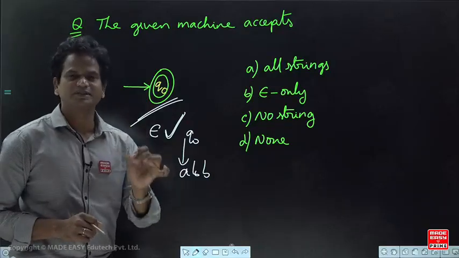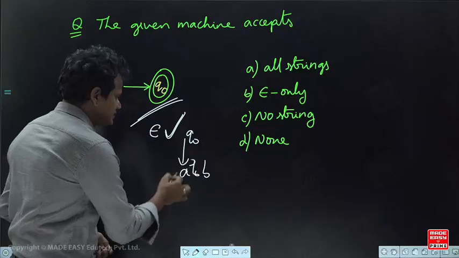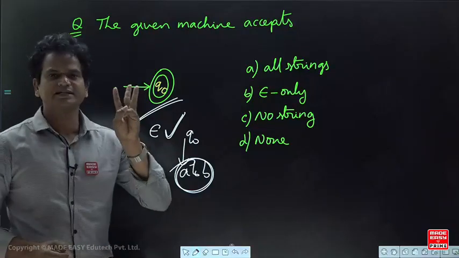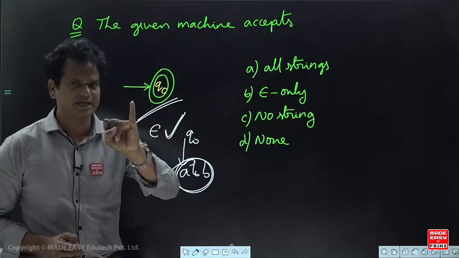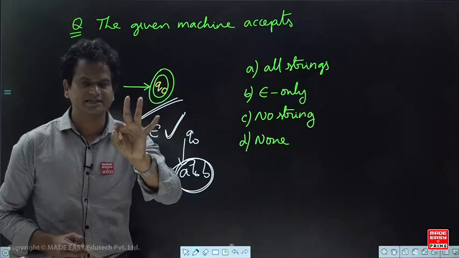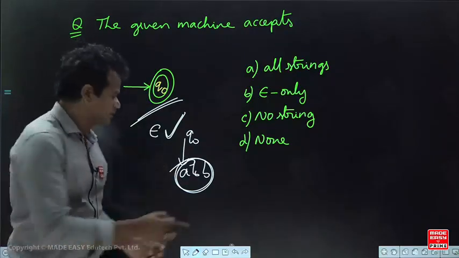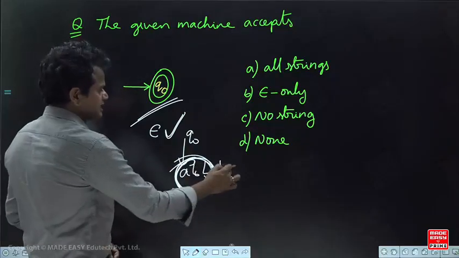Even though it stops in the final state, we say not accepted. Why? The string is not scanned completely. Yesterday I told you, three conditions must be satisfied. First, it must start from the initial state, it must stop in a final state, and it must read the string completely. Of course, it stopped in final, but the string is not completed. Therefore, this string is not accepted.